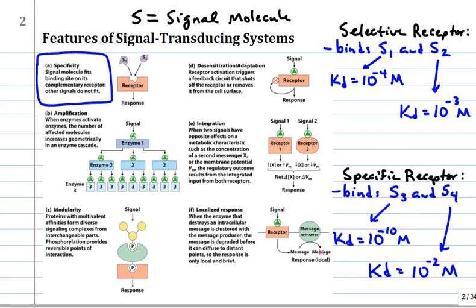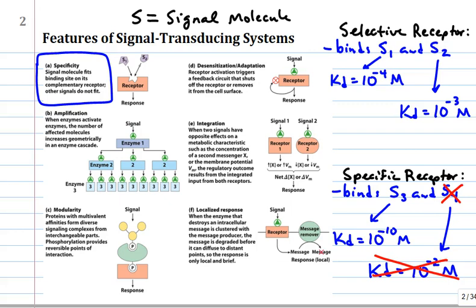Ladies and gentlemen, it may be true that the specific receptor can bind S4, but it's not physiologically relevant. So we're going to call this receptor specific for S3 because it really has one endogenous signal molecule it's going to bind tightly. I hope that gives us a difference between selective and specific.